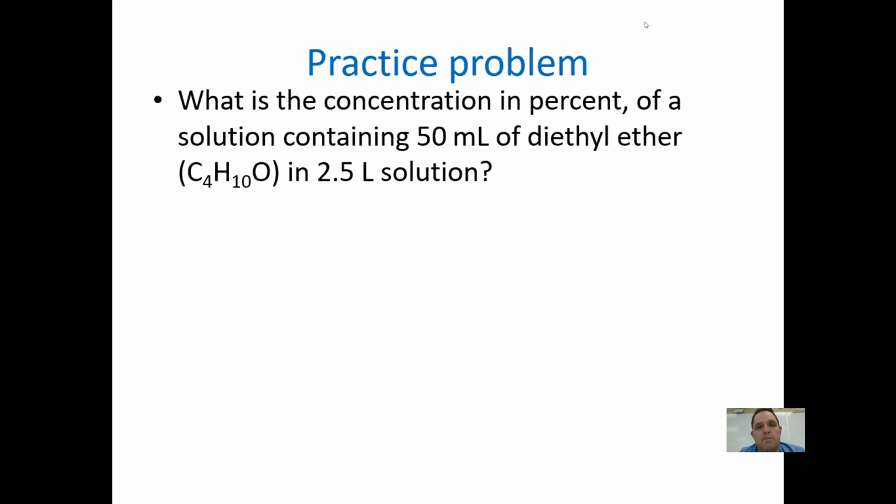This practice problem says, what is the concentration in percent of a solution containing 50 milliliters of diethyl ether in 2.5 liter solution? Now, it doesn't necessarily say what type of percent, but because they're both in a volume, let's make this easy and do percent volume of them.